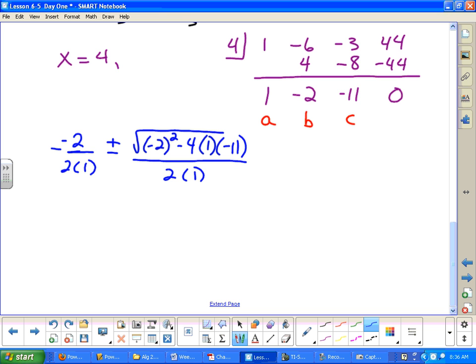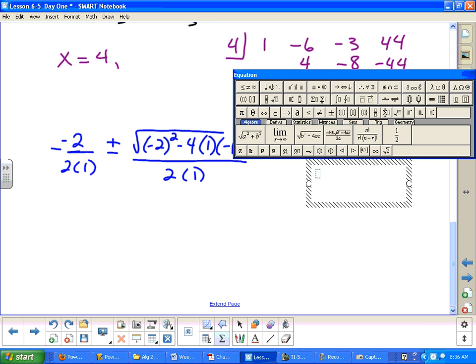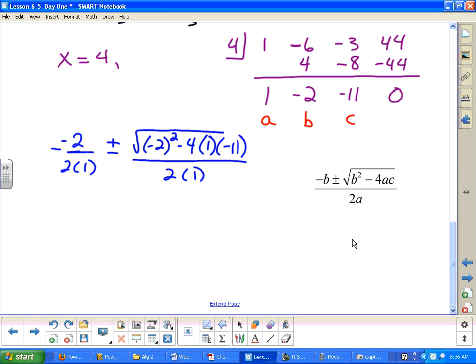All right, if you need to see it again, there's that quadratic formula again.